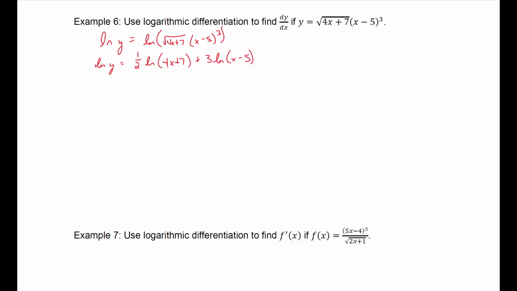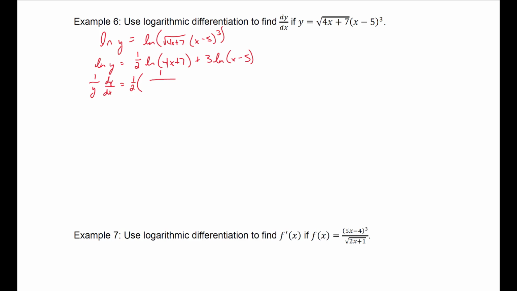If you don't remember these properties, make sure you take the time, go back, and memorize them. All right, so now let's implicitly differentiate. The derivative of natural log of y, we have to use the chain rule. So natural log of blah is going to be 1 over blah times the derivative of the blah. So 1 over y times dy/dx equals, and now differentiating the right hand side, 1/2 times the derivative of natural log of 4x plus 7.